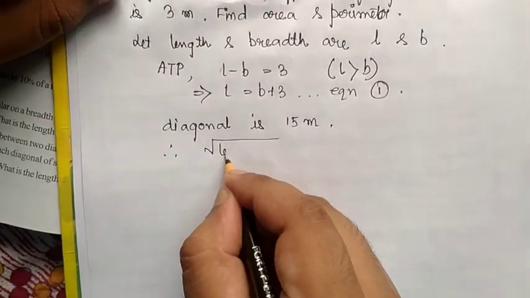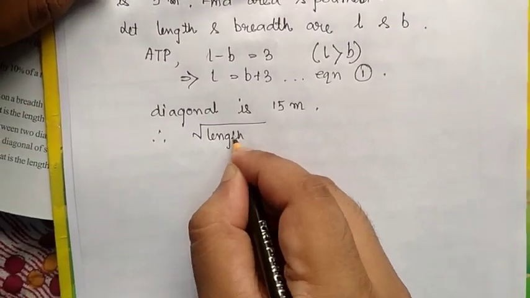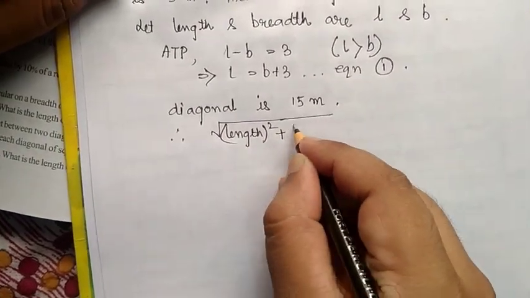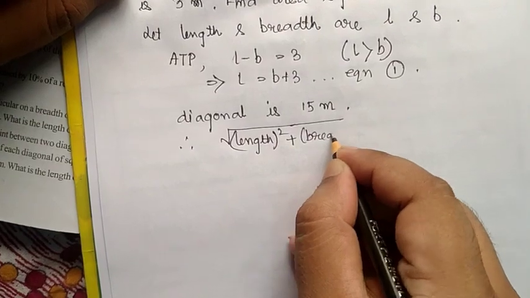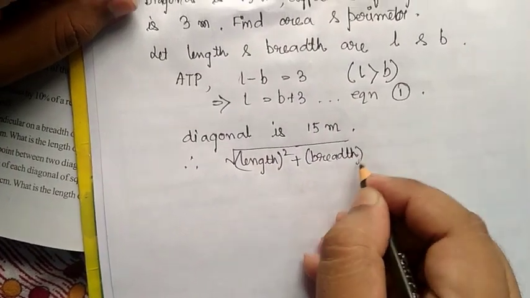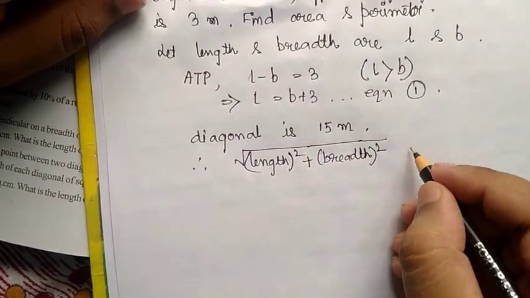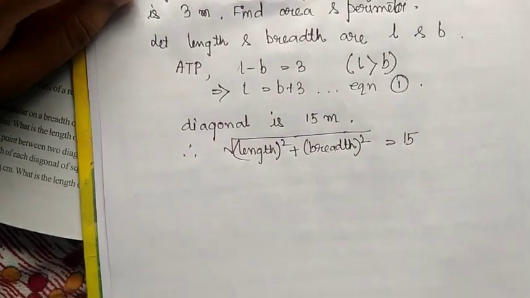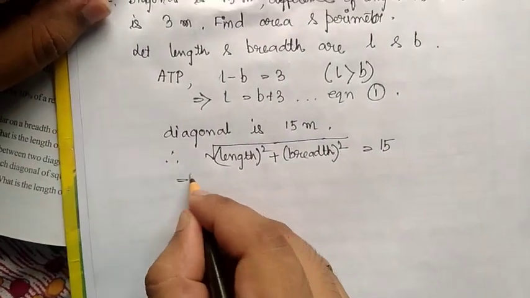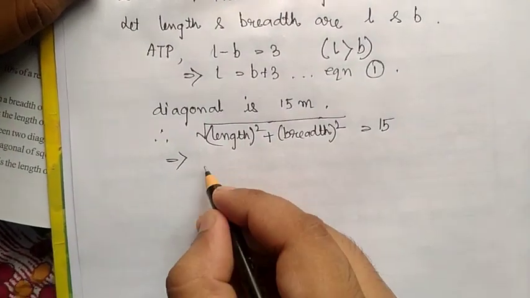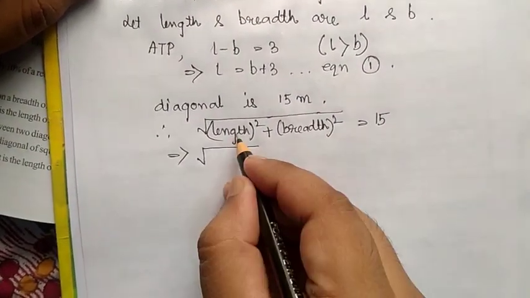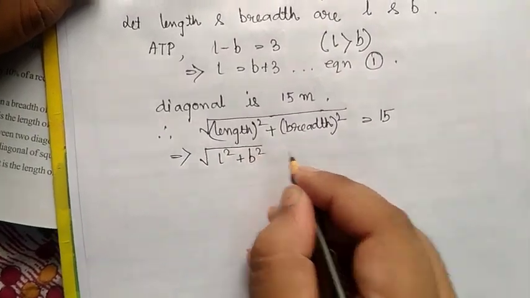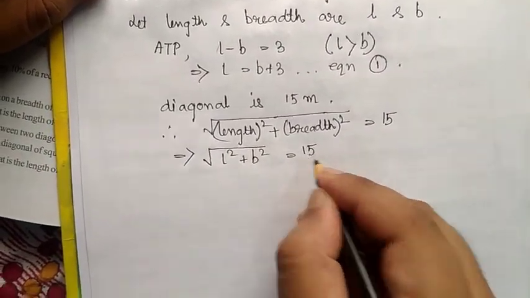Root over length square plus breadth square equal to 15. So therefore root over L square plus B square equal to 15.